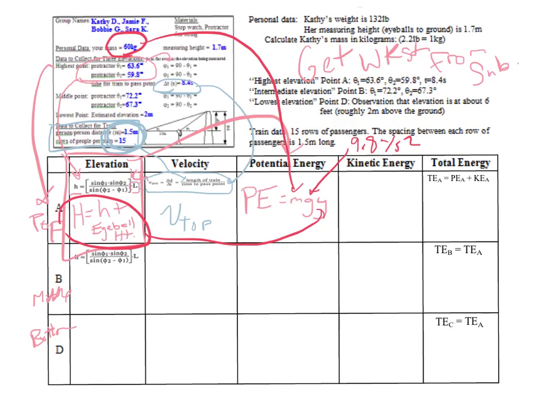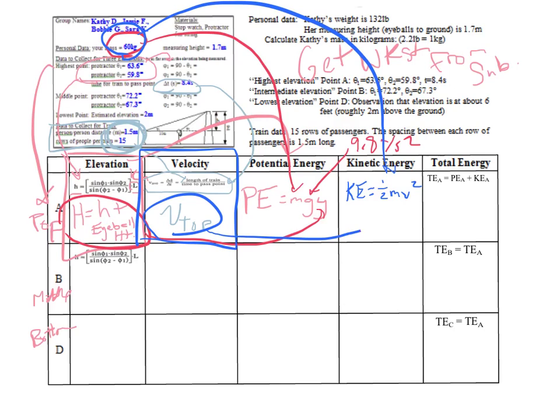Now you're also going to use your velocity value to find your KE. Remember your kinetic energy equation: KE equals 1/2 mv squared. Once again, your m is going to come from your mass in kilograms. Your velocity is the one you calculated from the top.